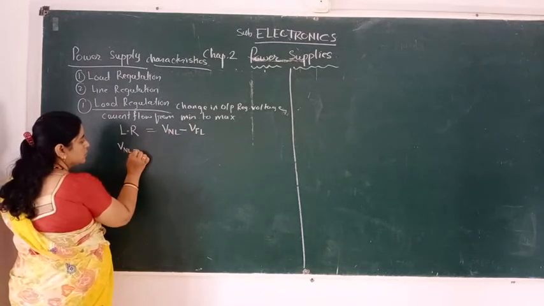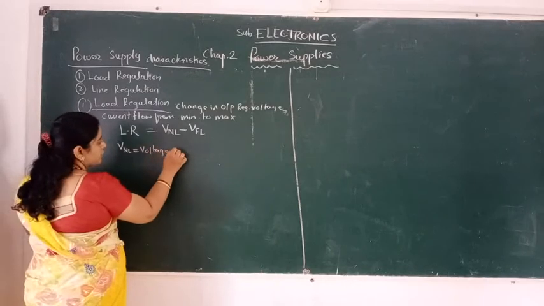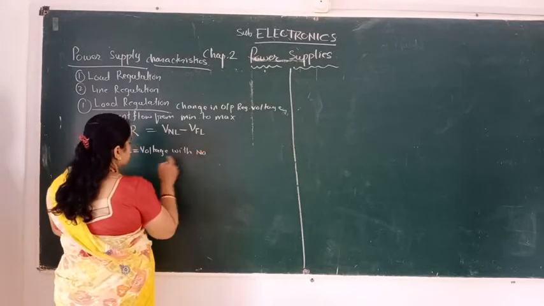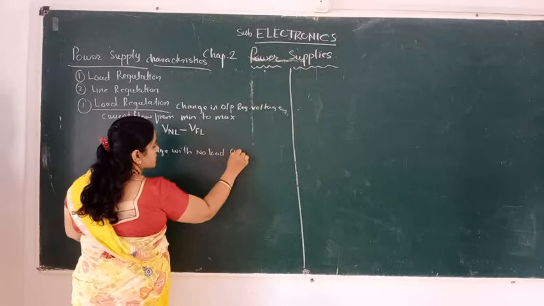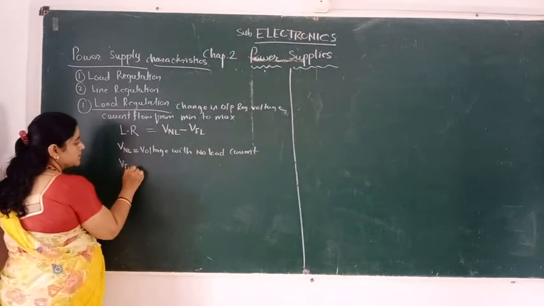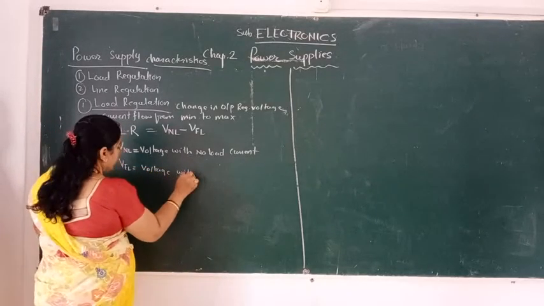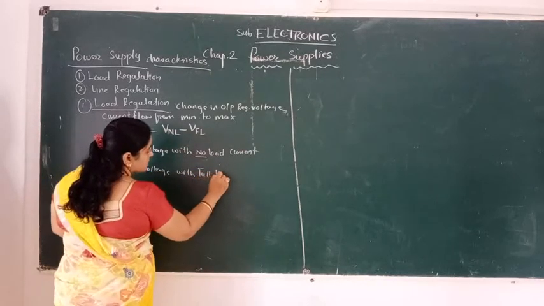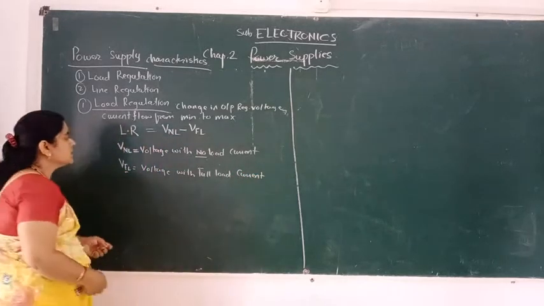VNL is the voltage with no load current, where N indicates no. And VFL means the voltage with full load current, where F means full load current.